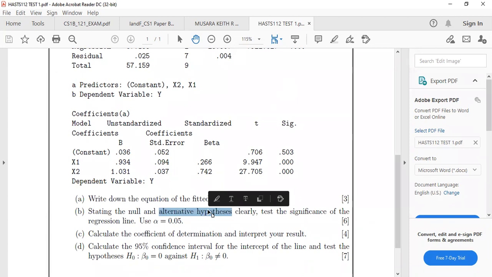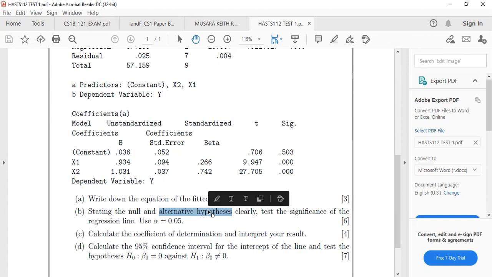I'm not sure on the alternative hypothesis, but I think maybe beta I is not equal to beta J for at least one I. So beta I is not equal to 0, right? For at least one I.